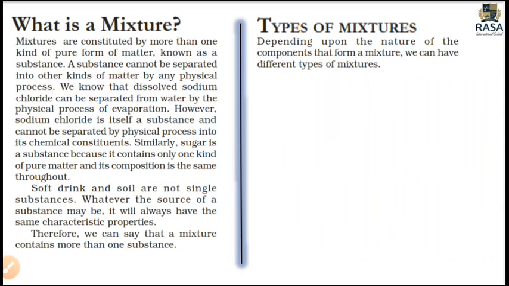Similarly, sugar is a substance, because it contains only one kind of pure matter and its composition is the same throughout. So similarly, if we have a mixture of sugar and water, it can again be separated out with the process called evaporation, but the sugar, being a pure substance, cannot be separated into its constituents by any physical process.